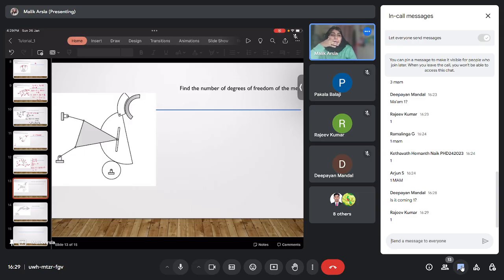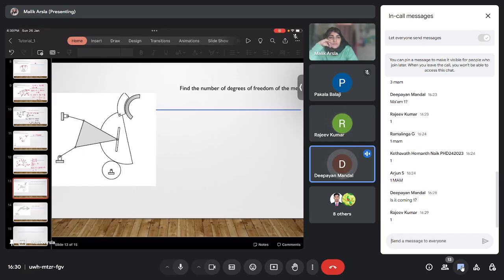Who else is getting it? Only 2. Okay, this problem was slightly different from others. So Deepayan or Rajiv, would you like to explain how you got the answer as 1?